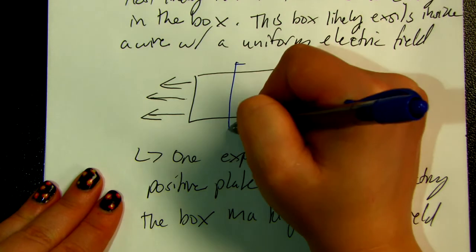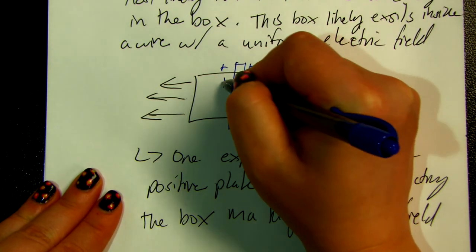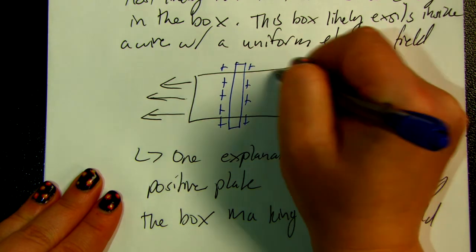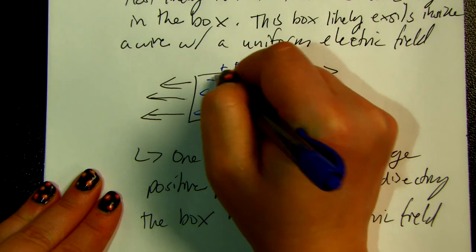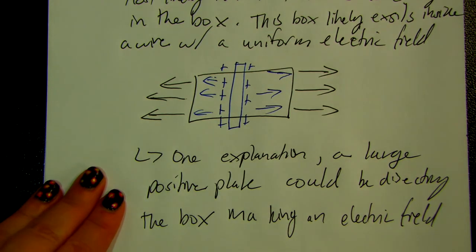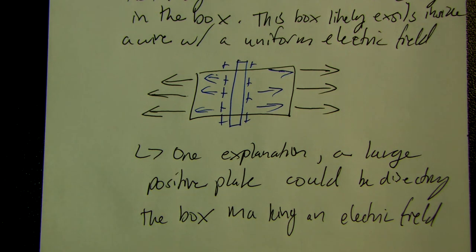So if we had our positive plate, then it would be radiating lines out like this, which we would measure outside of the box. All right, so you're starting to get the hang of exactly how we play this game.